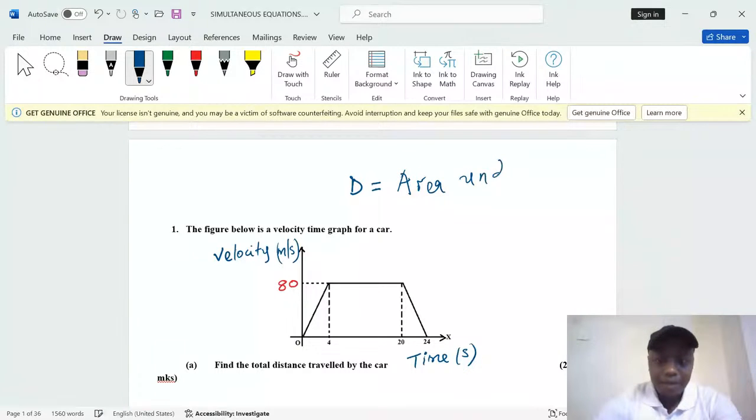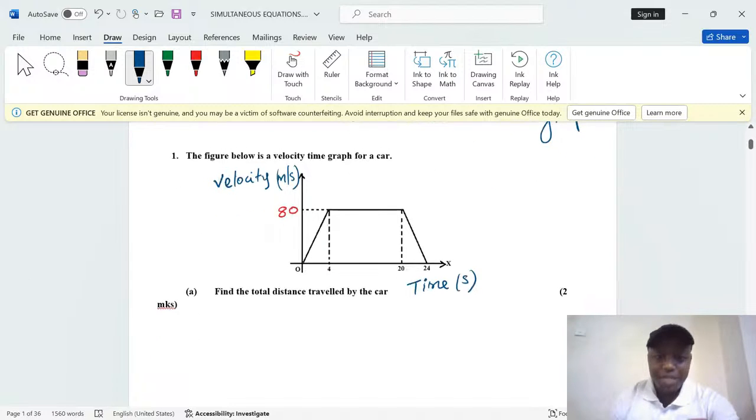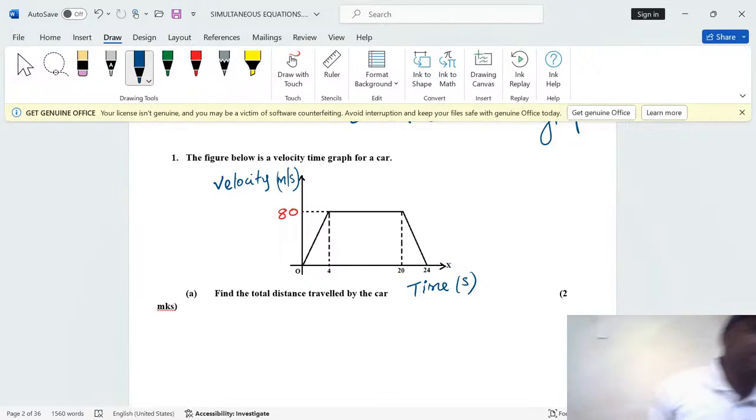When we look at this graph, you can see, of course, the shape is a trapezium. And the shape being a trapezium means the area for this shape is what will give us the total distance covered.